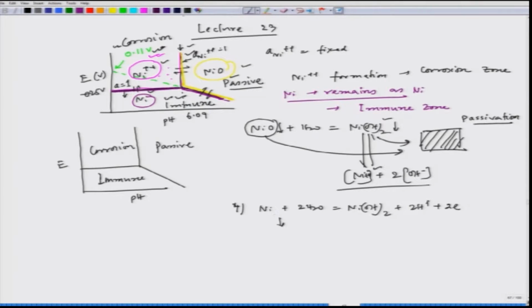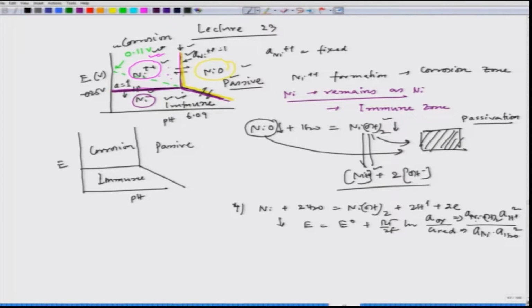Now, here the nickel ion is not coming into the picture. So, the only thing is it will be decided by potential, which will be E0 plus RT by 2F ln of activity of ox by activity of red, and here ox is nothing but Ni(OH)2, activity of H plus squared, and this would be equal to activity of Ni, activity of H2O squared.